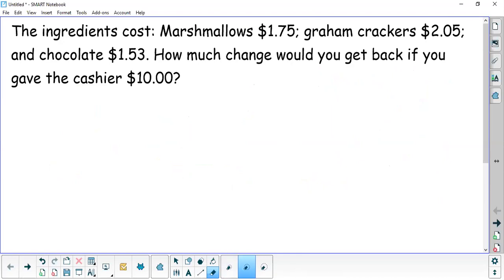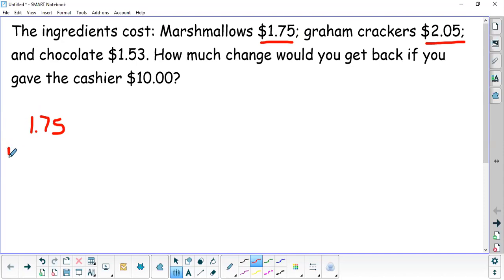I will start with red again, but this time I'm going to add $1.75 and $2.05. So I'm going to add the cost of the marshmallows and the graham crackers. So I'm going to start down here, $1.75. And this time we are adding.